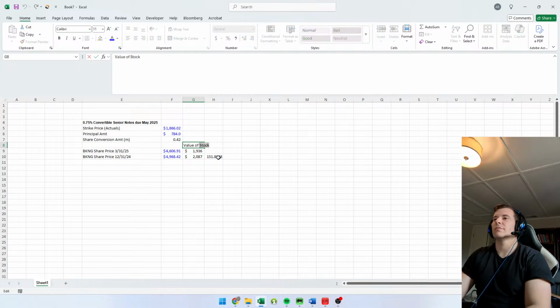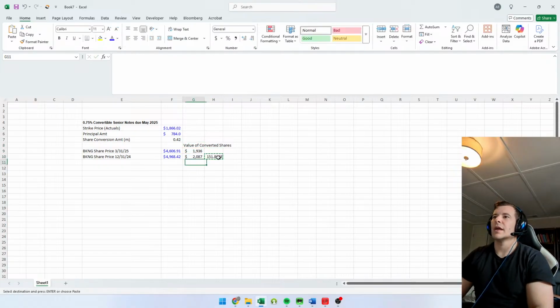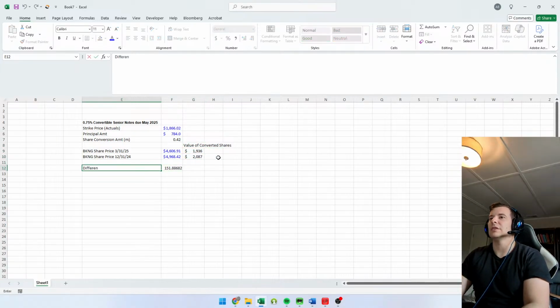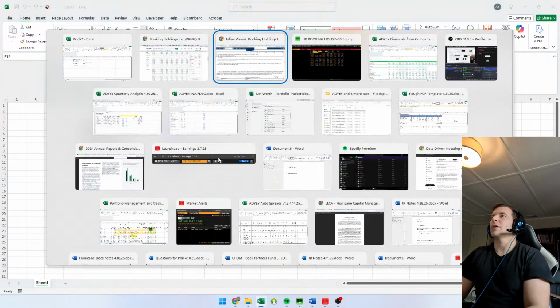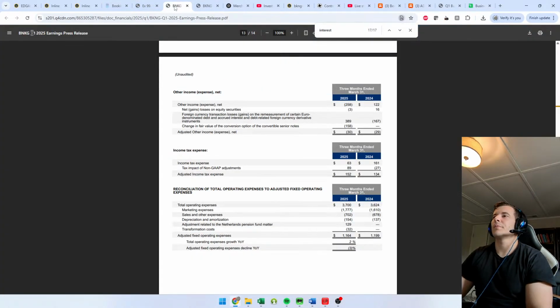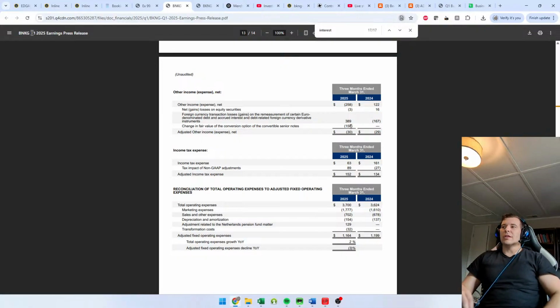Value of converted shares. So if the debt was converted. And then this is the difference in value. So basically what happened is Booking shares went down, and so the liability, the amount that they're going to have to pay bondholders in equity, has been reduced by about $158 million.